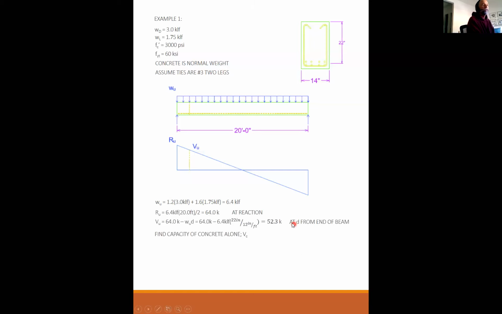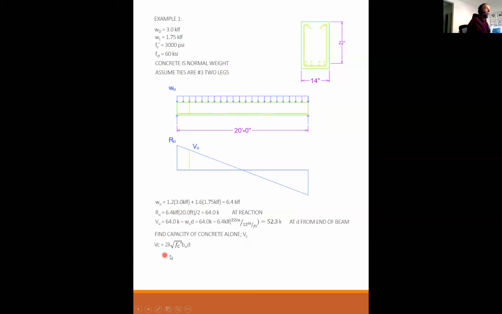So this is my design load. I must show that the beam is strong enough to carry 52.3 kips. So I'm going to start by finding the capacity of concrete alone, V sub C. And the reason that you start with V sub C is because there's no unknown variables in that. Everything that you need to analyze V sub C is already known. So we can do that.